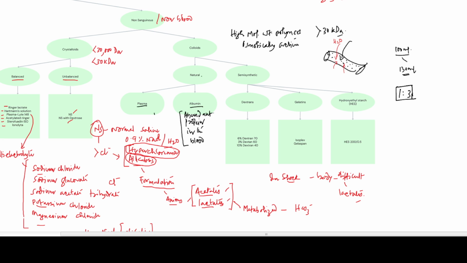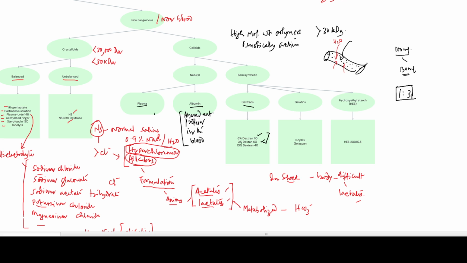So they're classified as natural and semi-synthetic. In the semi-synthetic, they've got dextrans. Commercially we see dextran 6% dextrans 70, 3% dextrans 60, which is the most commonly used dextrans.